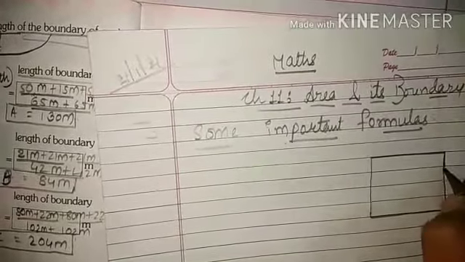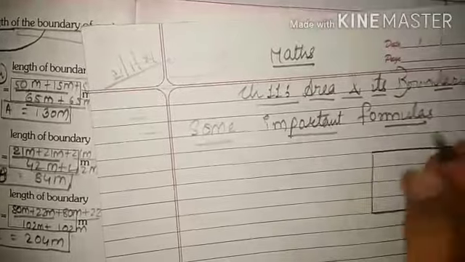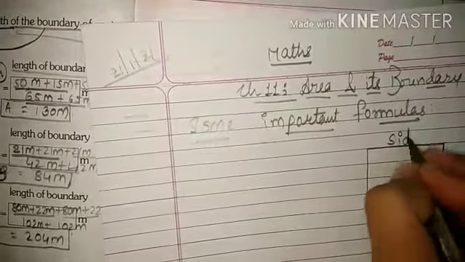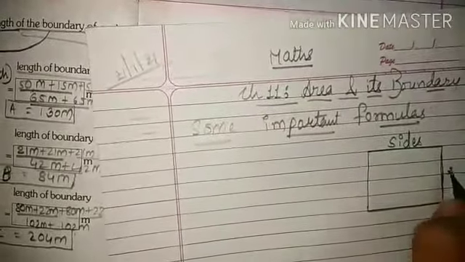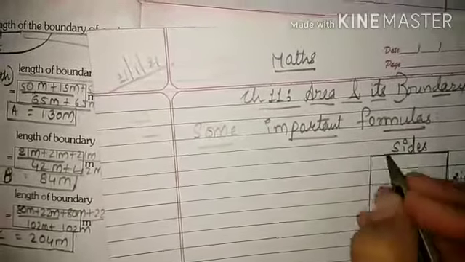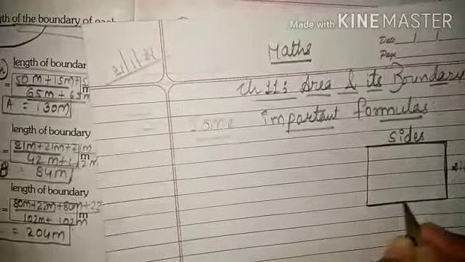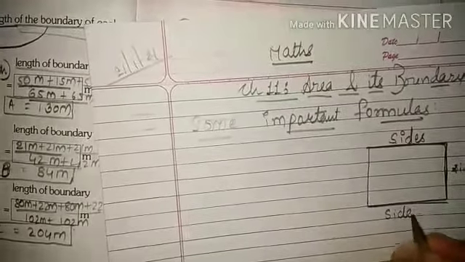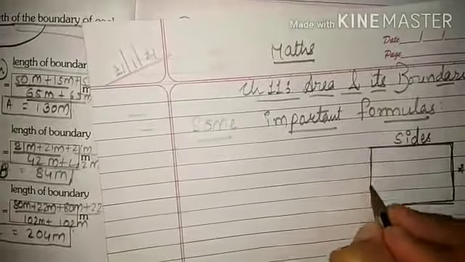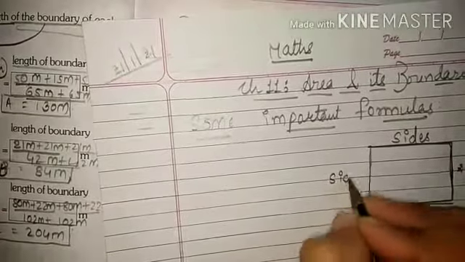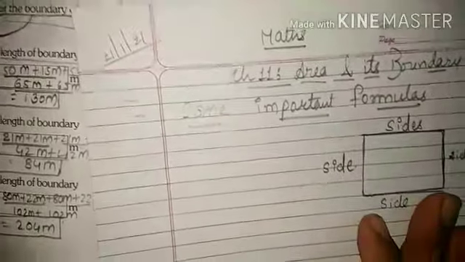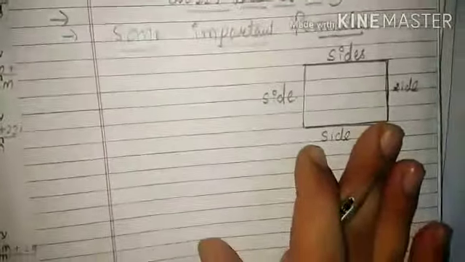This is a square, and students, all the four sides of a square are equal. This is one side, this is a side, this is also a side, and this one also is a side. So all the four sides of a square are equal, we know that.